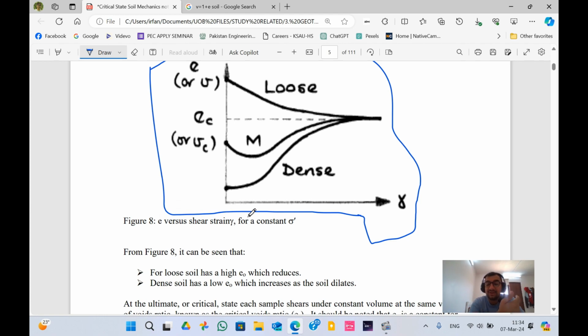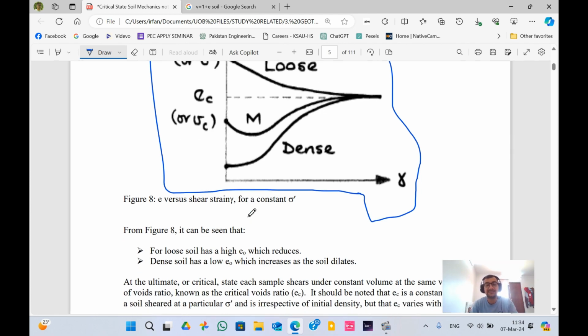Therefore, the voids will get reduced a lot. If we talk about dense soil, when we apply a constant shear stress, it starts to dilate. This we have already seen in the previous examples.